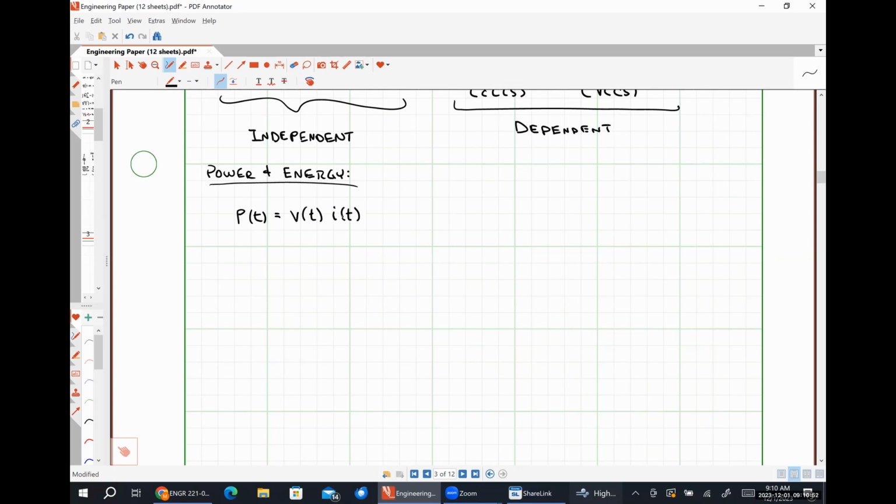I am explicitly writing this as time varying quantities, but it works just as well for DC quantities. So P is equal to V times I, or for those of you that had Dr. Corbett in your Engineering 120 series, you can remember this by "I've got the power," I times V is equal to P. Whatever floats your boat works for me.